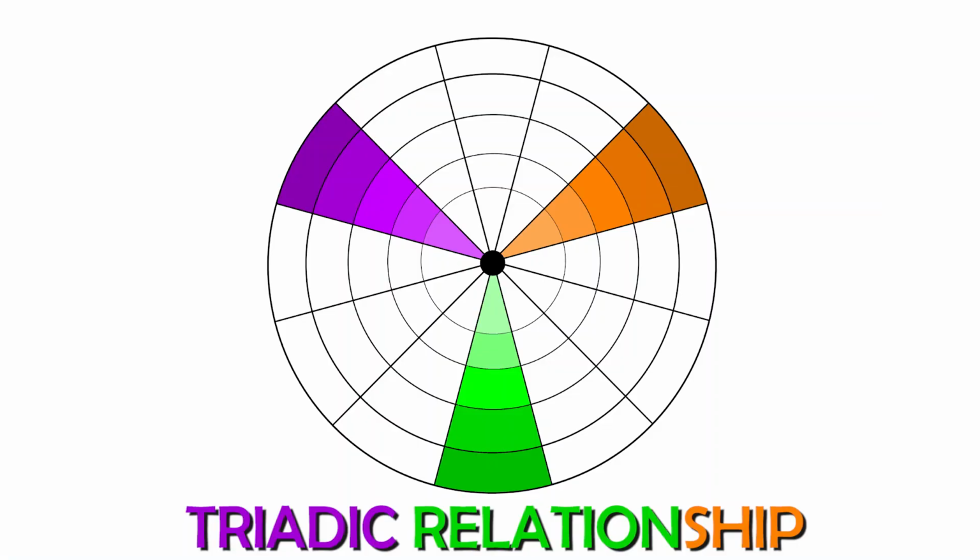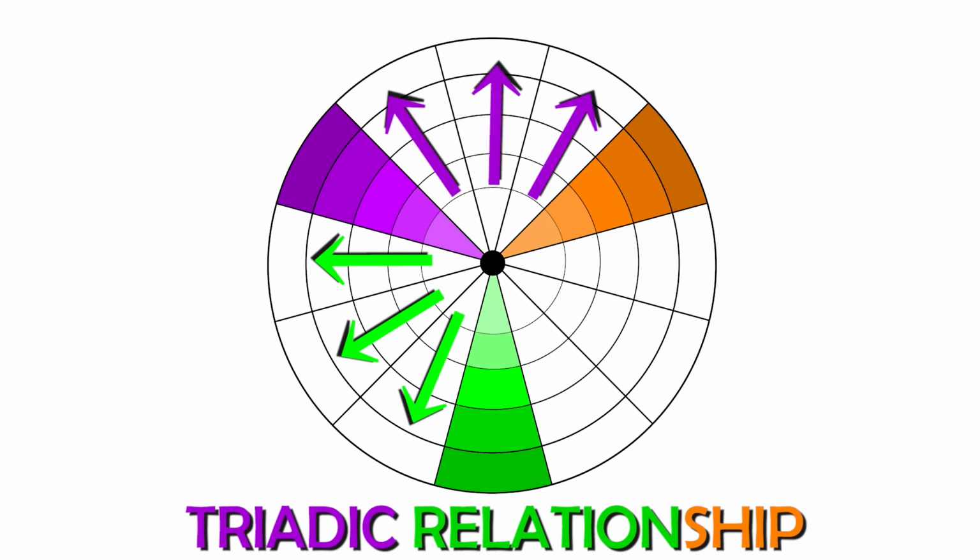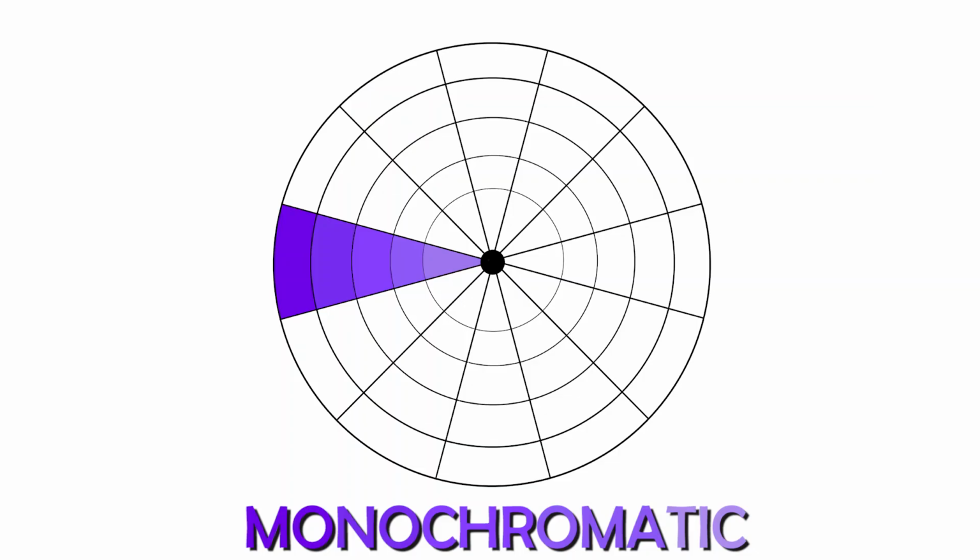Directly after that, we have what's called a triadic color relationship. This one's a bit like split complementary, but takes on a bit more of an OCD vibe when it comes to color picking. A triadic relationship uses 3 colors on the wheel, all evenly spaced from one another. Got it? Good? Okay. And finally, we have monochromatic.